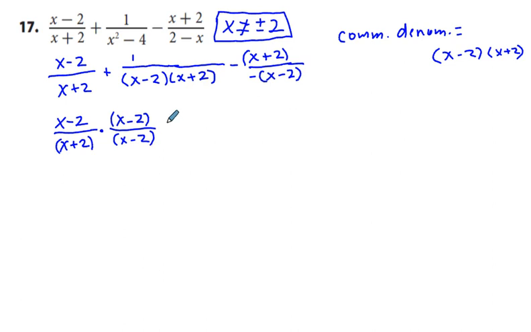Our second one, we'll put plus 1 over quantity x plus 2, x minus 2. And then our last one, these negative signs are going to cancel each other. We're going to put plus x plus 2 over x minus 2.